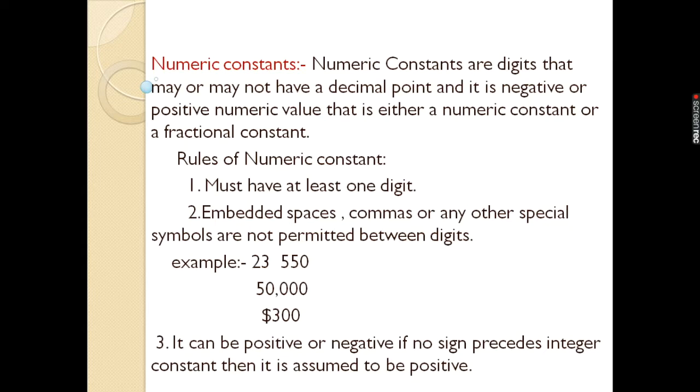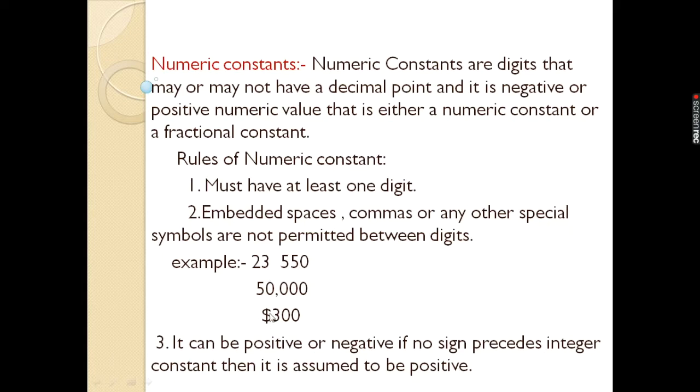Rules of numeric constants: it must have at least one digit, and embedded spaces, commas or any other special symbols are not permitted between digits. As an example, 23 550. Here we see a space between digits, so it is not permitted.